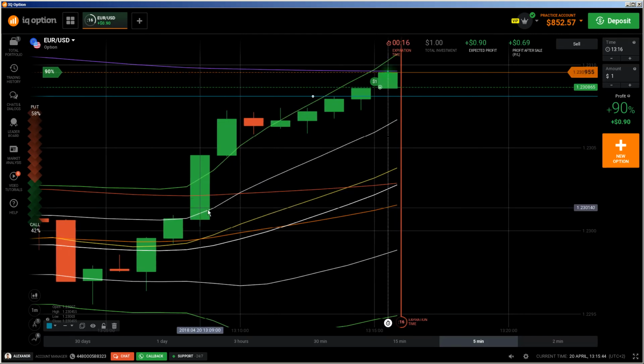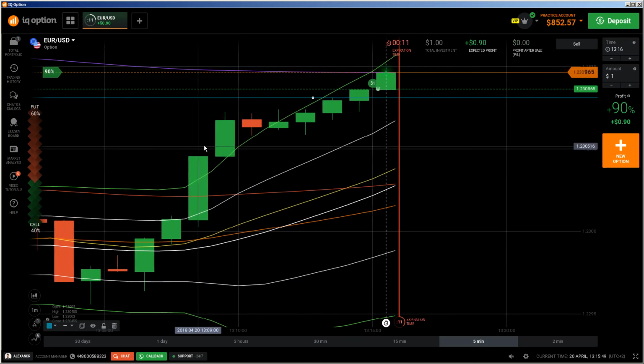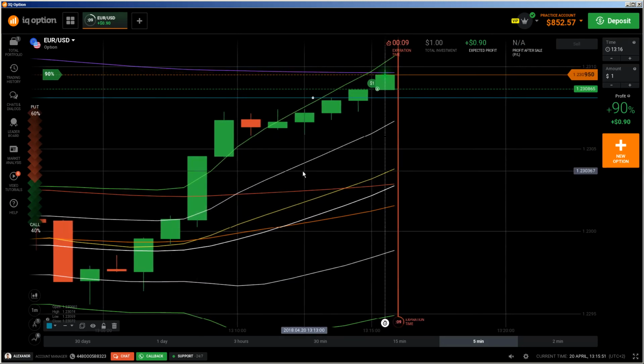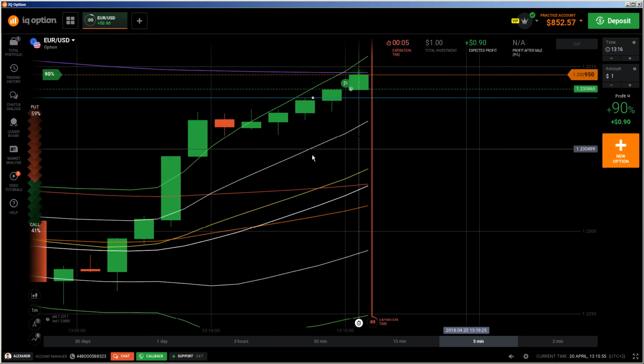If you get something like this here, you can read from it that it will be a fake breakout. But if it's going slowly, slowly, slowly, this means that the area will almost certainly be broken.